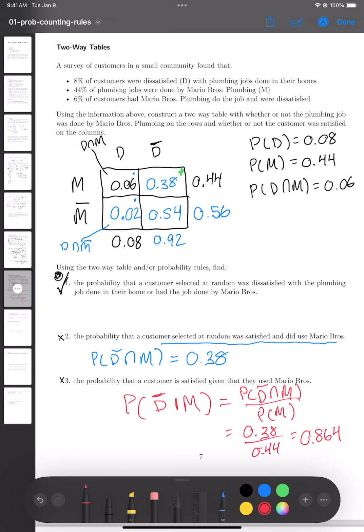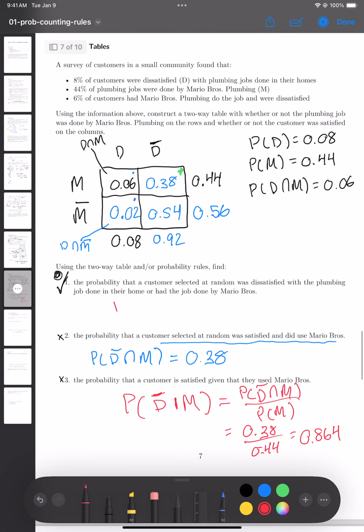Okay, so we will do this last one as well. The probability that a customer was dissatisfied or had their job done by Mario Bros. So that is the probability of D or M. And again, you can use the additive rule here, and in this case that is probably the more straightforward way to do it.